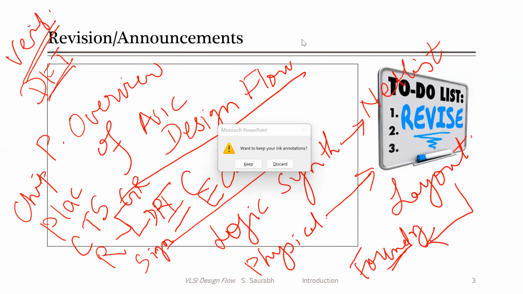I don't see any message from the students or the participants. You can write in the chat box whether you know or don't know.